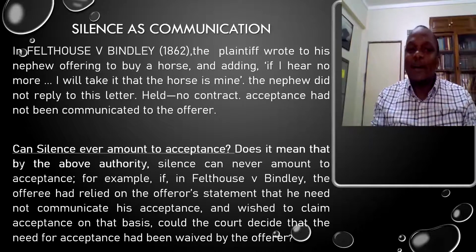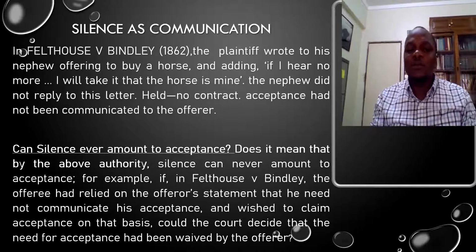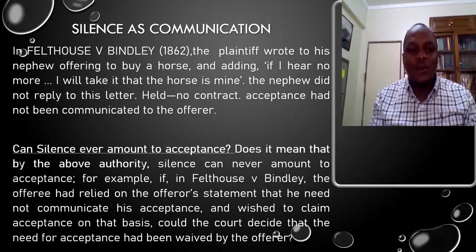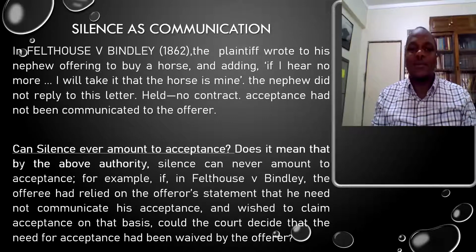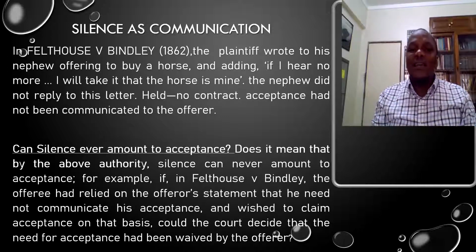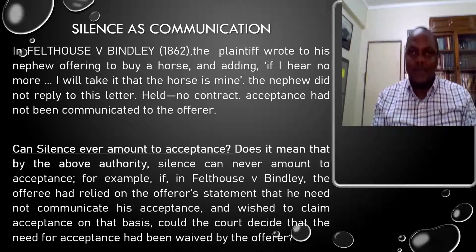But there is a very old decision, but it's a locus on this matter, called Felthouse versus Bindley. In that case, a plaintiff wrote to his nephew offering to buy a horse. In that letter, the plaintiff added the words, "If I hear no more, I will take it that the horse is mine."